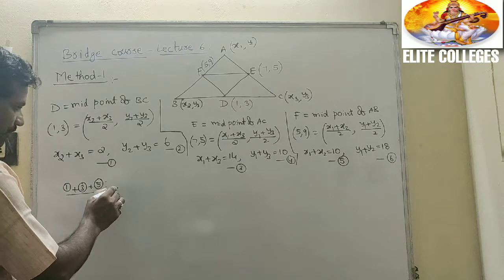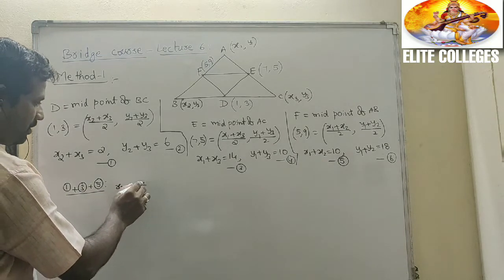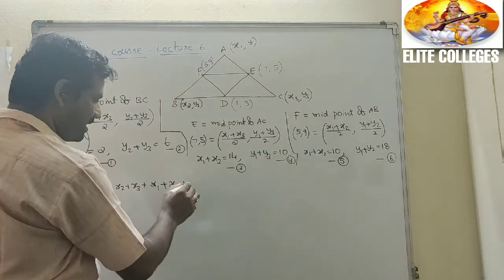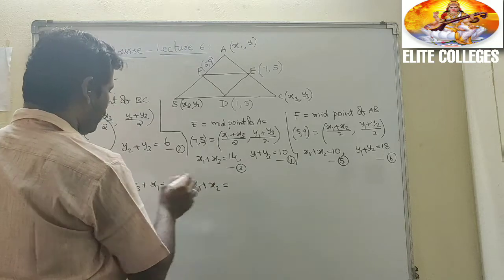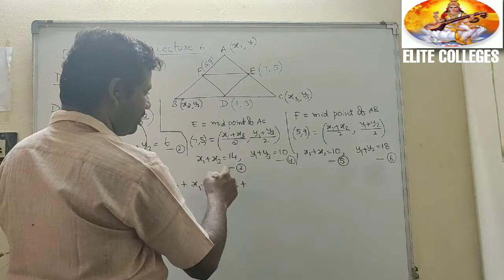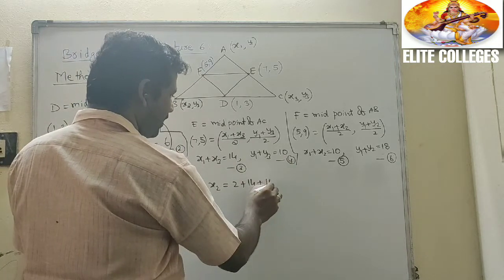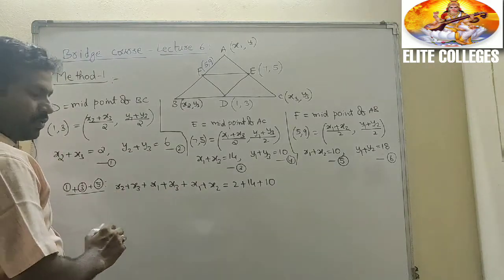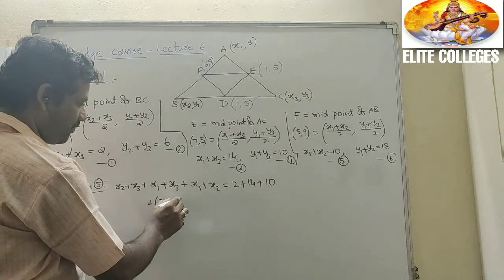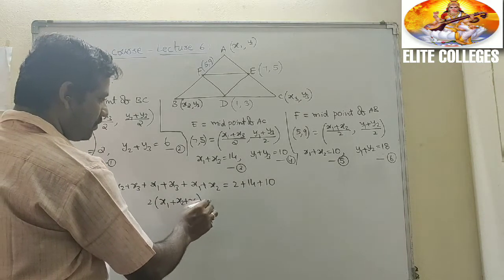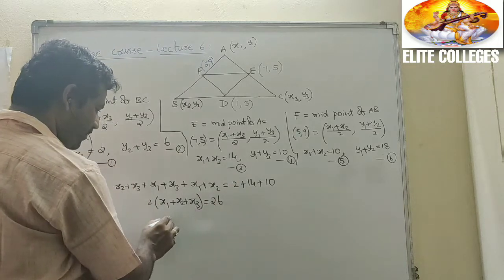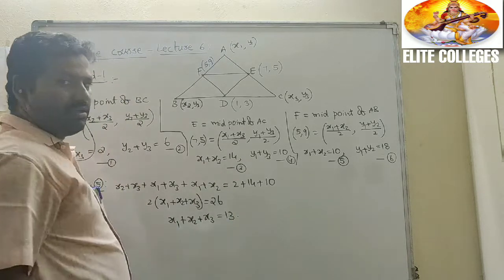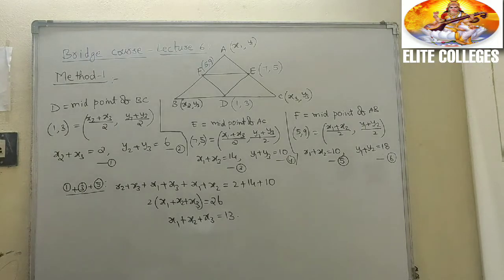What is 1 plus 3 plus 5? (x2 plus x3) plus (x1 plus x3) plus (x1 plus x2) equal to 2 plus 14 plus 10. x2 twice, x1 twice, x3 twice. 2 times (x1 plus x2 plus x3) equal to 16 plus 10, 26. So x1 plus x2 plus x3 is equal to 13.